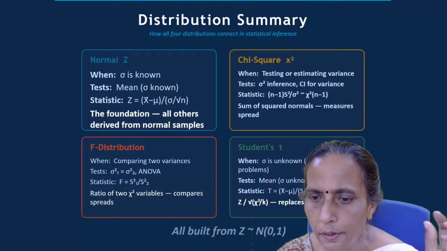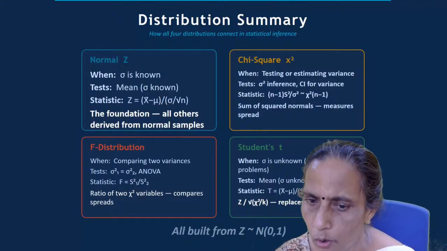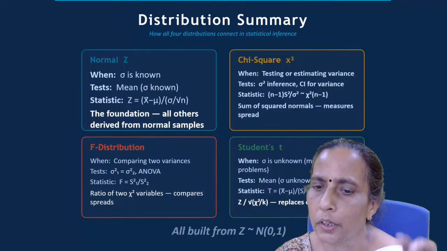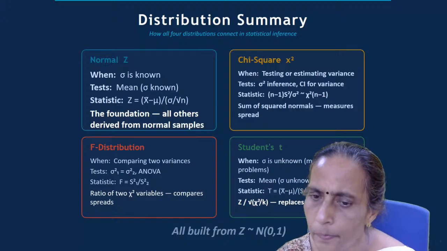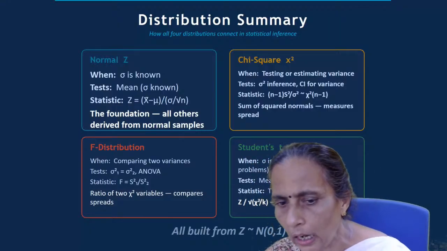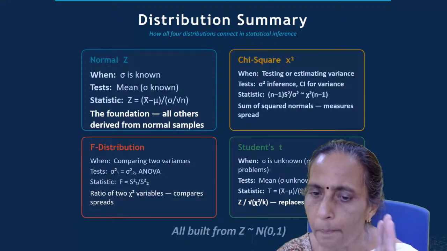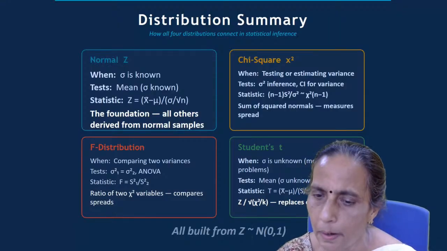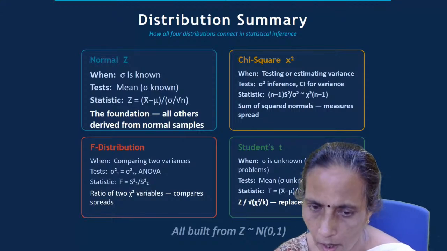And student's t is basically used when your standard deviation is not known. In most real problems, the test is about the mean, sigma is unknown, confidence interval for mu, that is population mean, and the statistic is t equal to sample mean minus population mean divided by sample standard deviation upon square root of n.